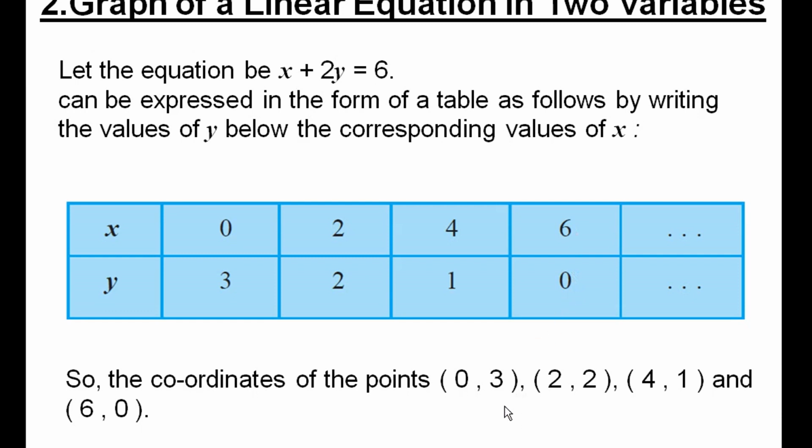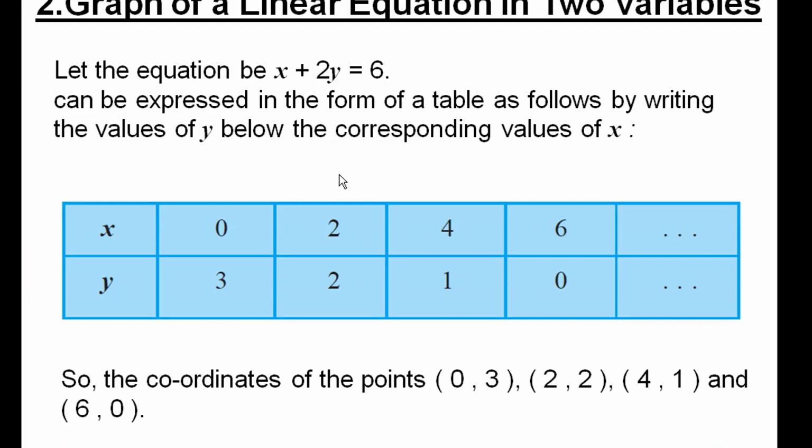You know that if you want to find the solution of this equation, you will get infinitely many solutions, as we have discussed in class 9th. So we have taken 4 points on this line. Let us represent these points on the graph and see what you will get there.